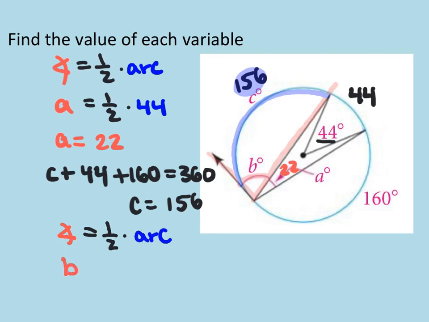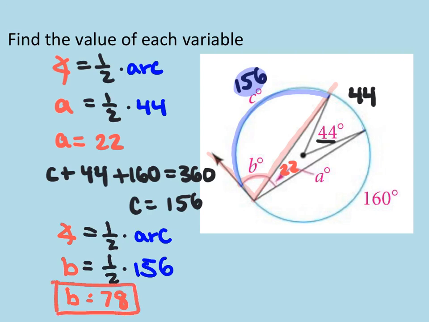The angle B should equal 1/2 times the arc of 156. So B should equal 78. So I have B is 78, A is 22, and C is 156.